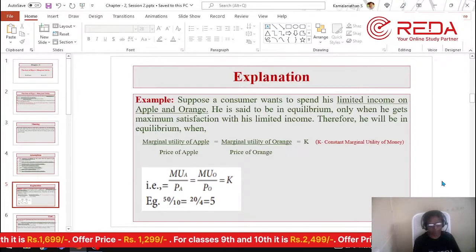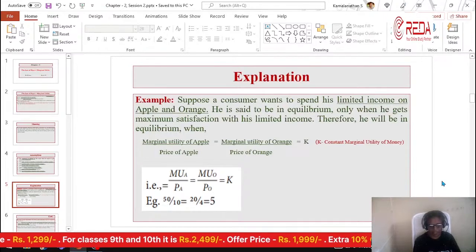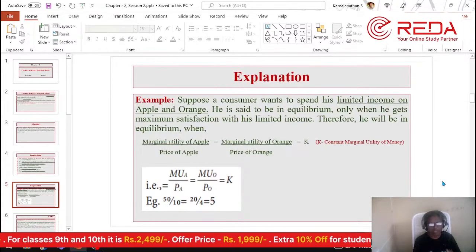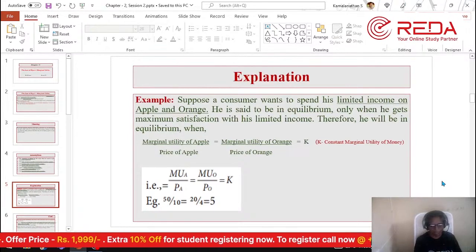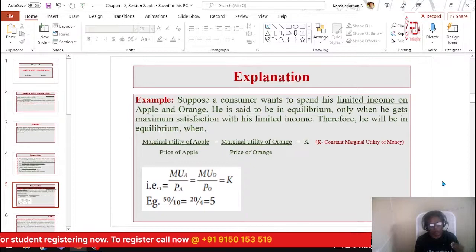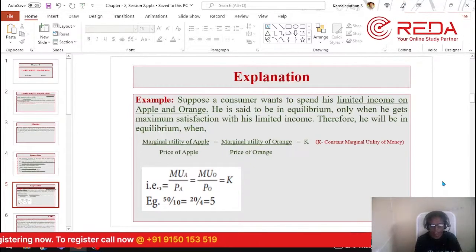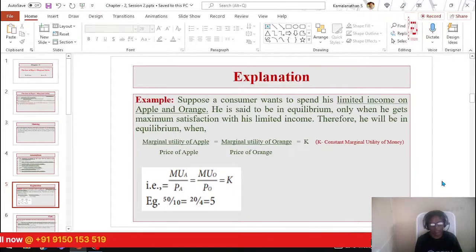See, for example, if the marginal utility of apple is 50, and the price of the apple is 10 rupees, okay, so the marginal utility of apple consumed by the consumer is 50, divided by 10, is equal to the marginal utility of orange divided by P of what?